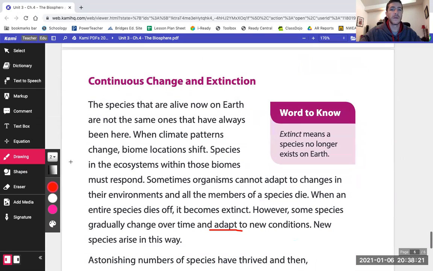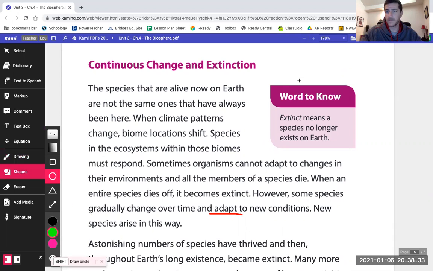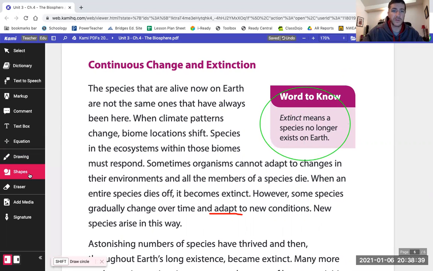All right. Now, continuous change and extinction. Extinction, or extinct, we know means a species no longer exists on Earth. Okay. There are ways that animals and organisms can become extinct, which we're going to see right here. The species that are alive now on Earth are not the same ones that we've always had.